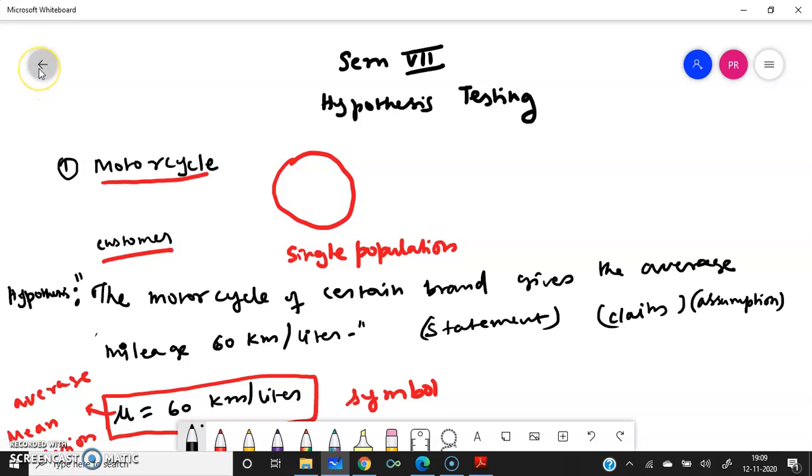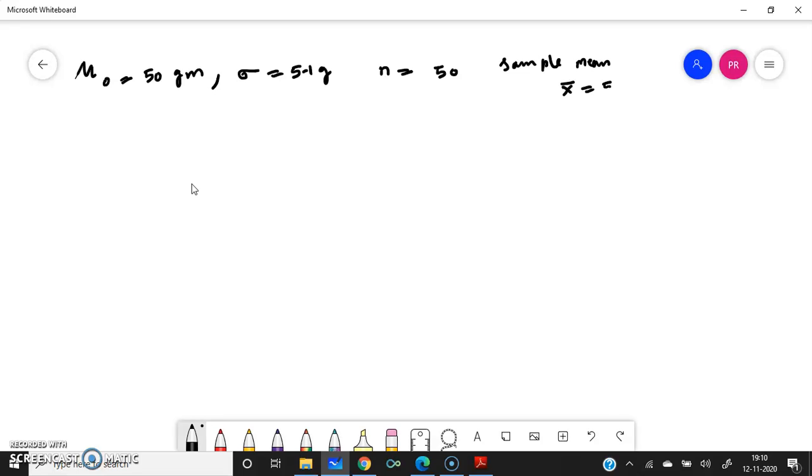Using these details, we have to now solve the sum. Whatever is given, we will write it down: mu naught is 50 grams, population standard deviation is 5.1 grams, sample size is 50, and sample mean x bar is 52 grams.